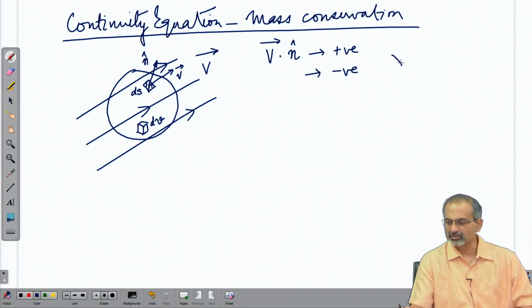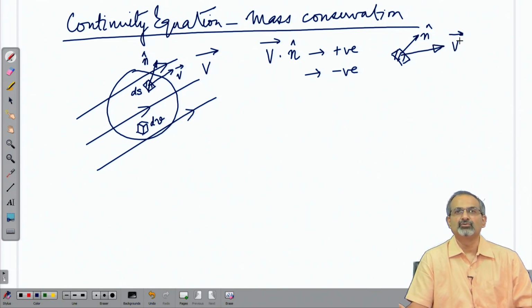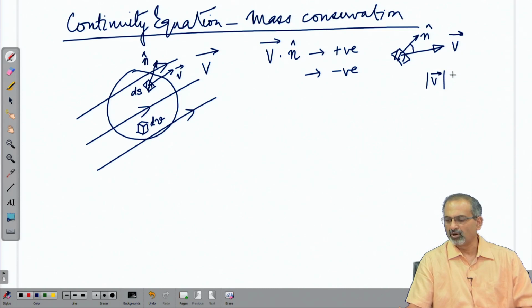It is just because when it leaves the control volume, if this is your unit normal vector, V will point in some direction out of the control surface, and therefore the dot product gives you the mod of the velocity, the mod of the unit normal vector, which is 1, times cos theta, which is the included angle.